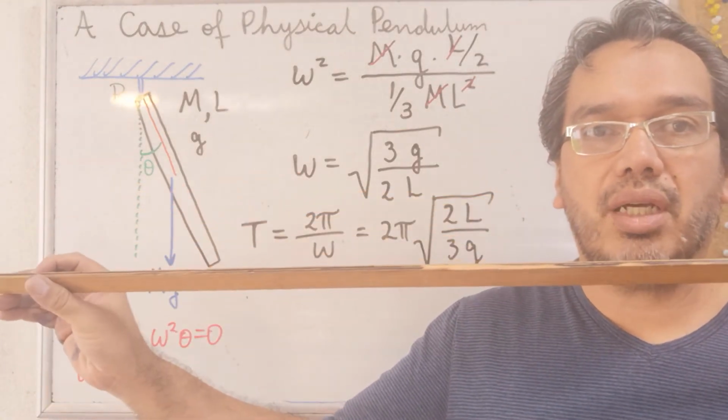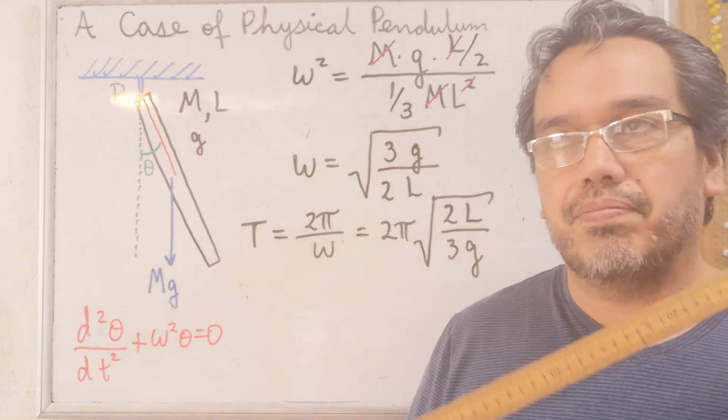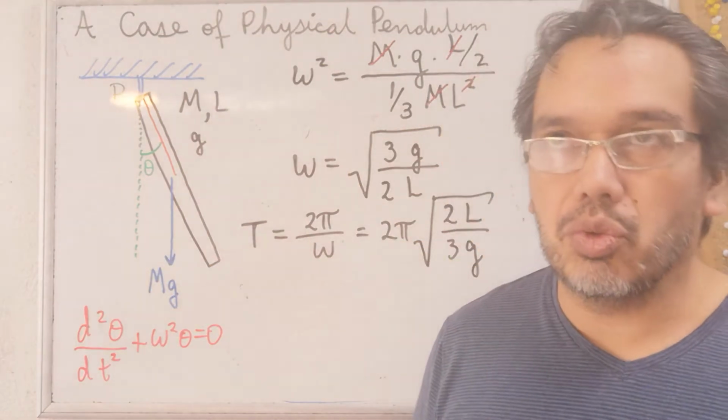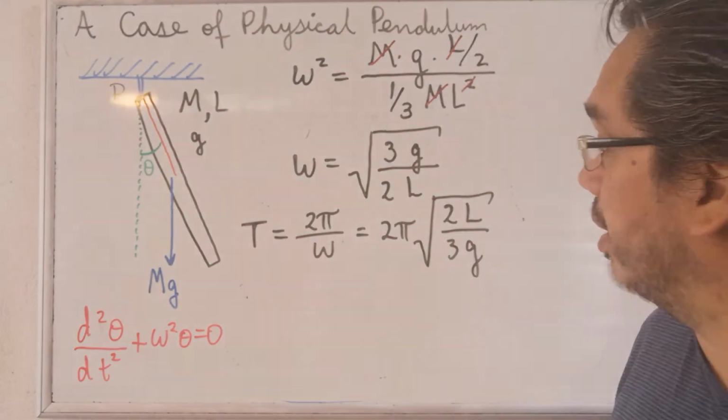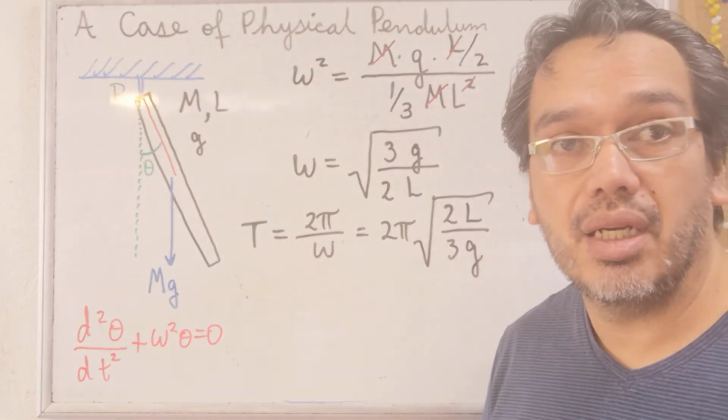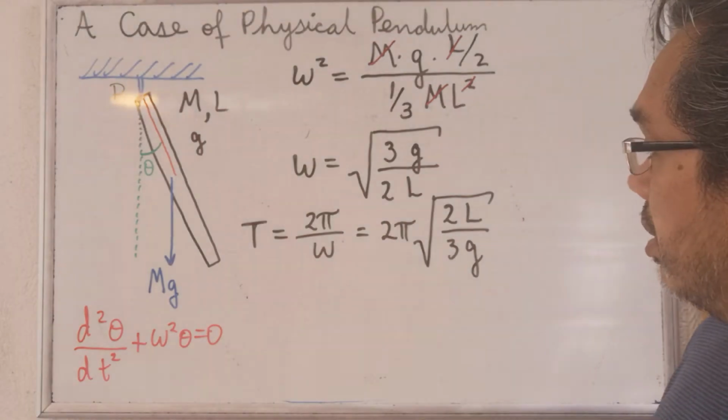This is a meter stick. It is equal to 1 meter plus or minus 1%, depending on age and wear and tear.